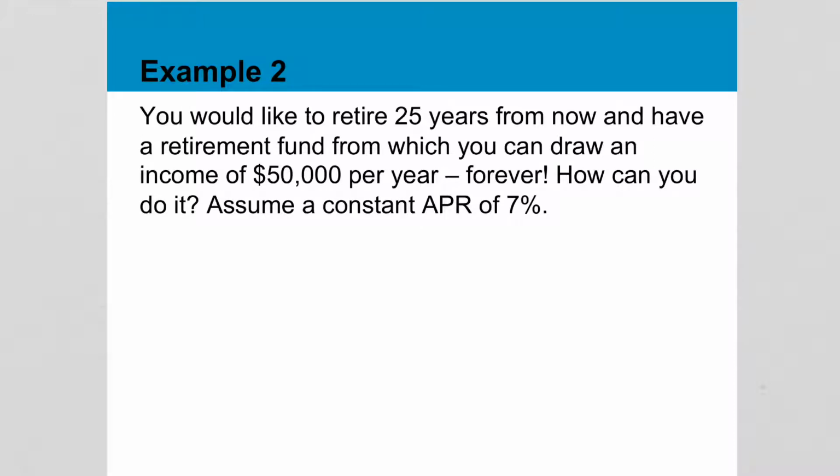So, in order to do this, you want to earn $50,000 a year in interest. So you need to ask yourself, what balance do you need to earn $50,000 a year from interest?